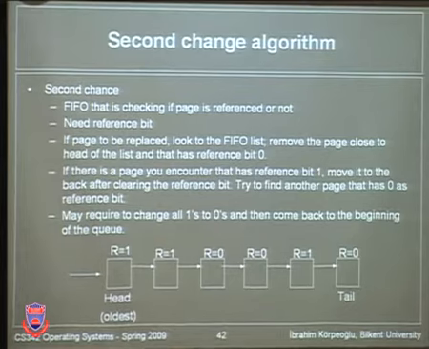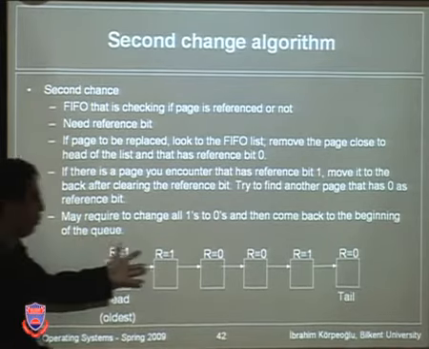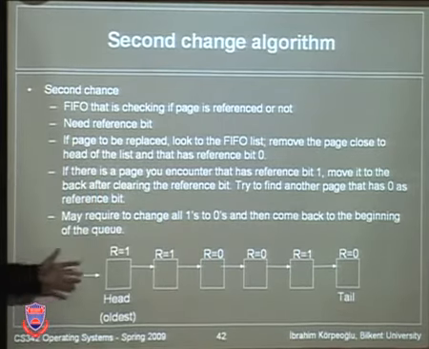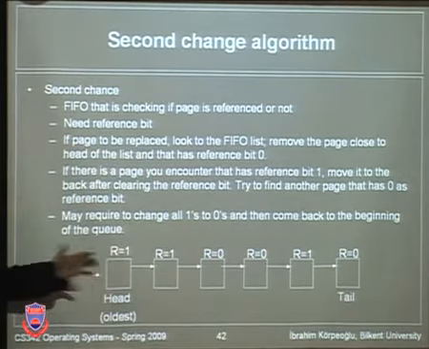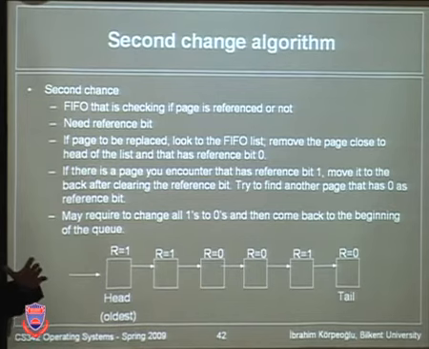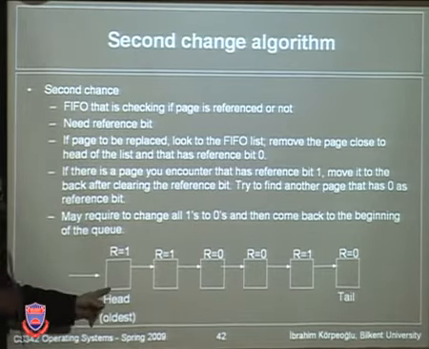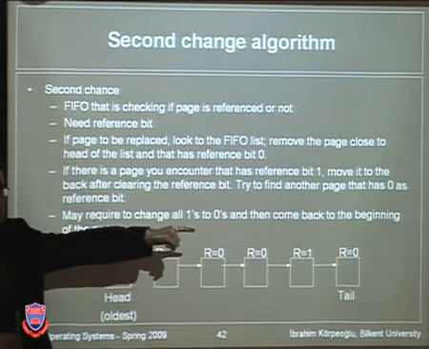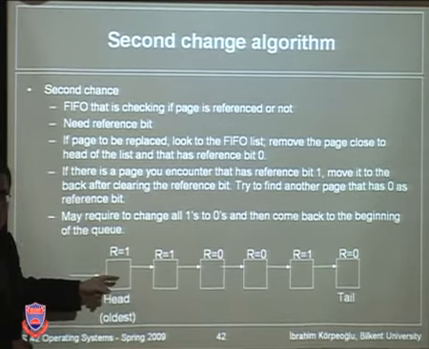Why second chance? Because assume all the pages have their R bits 1. Okay, so you now have pages in memory, all of which are accessed quite recently. So you start searching for a page to remove from here. You see the R bit as 1, so you move it to the tail. So the R bit of that page will become 0.